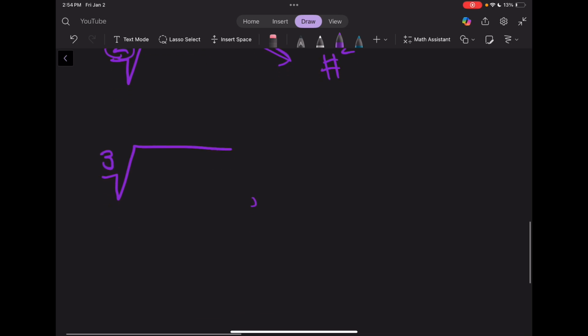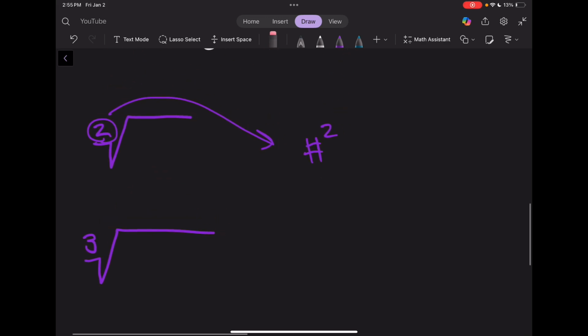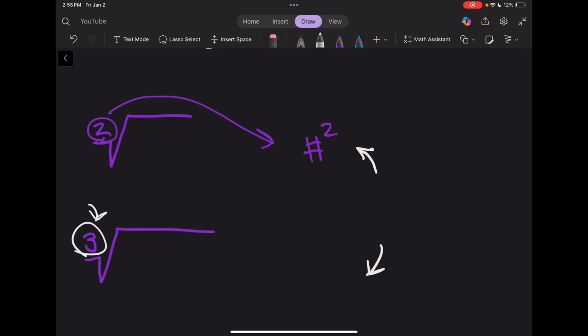Or you might even have ones with a different number, like a 5 right here. But we're only going to look at 3 for now. Because if you can understand a square root, which is this, and if you can understand a cube root, which is this, then you're solid for any other crazy numbers you might find in there, in that little corner, or nook as I like to call it.